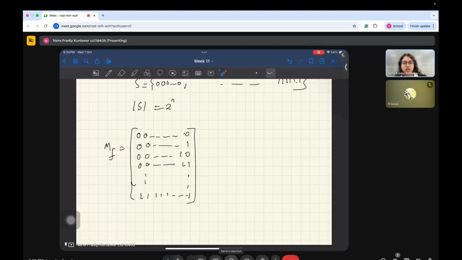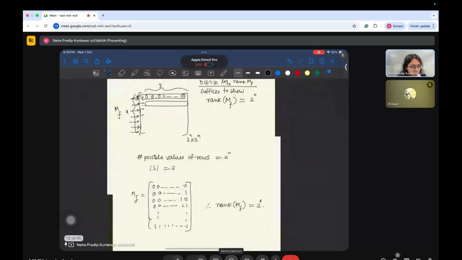Okay, and now we need to prove that the rank of this is 2 to the n. Yeah, because they are all linearly independent. So therefore the rank of Mf is equal to 2 to the n, and that proves our question.